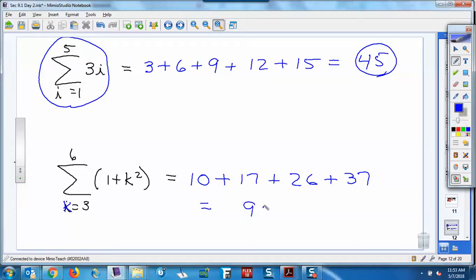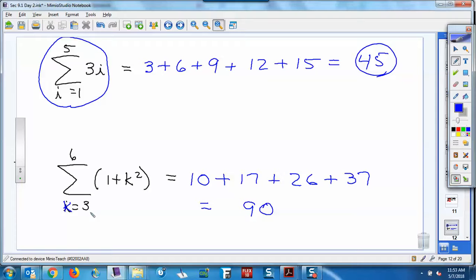Oh, did I do something wrong? No. K's a 3, then it's a 4, then it's a 5, then it's a 6. Okay, great question.